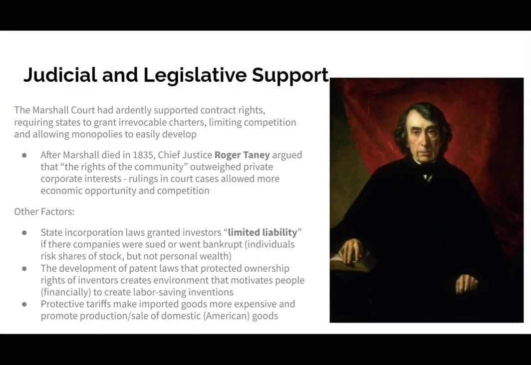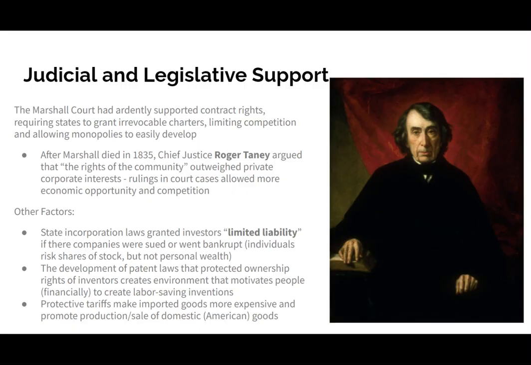The development of patent laws is also going to be really important. Patent laws protected ownership rights of inventors, which meant that you could invent something and profit from it. This creates an environment that really motivated people financially to create labor-saving inventions. And then finally, protective tariffs.